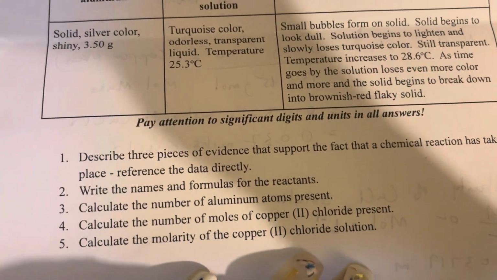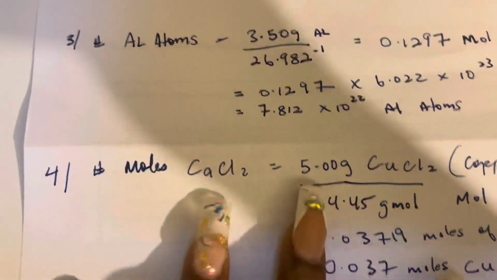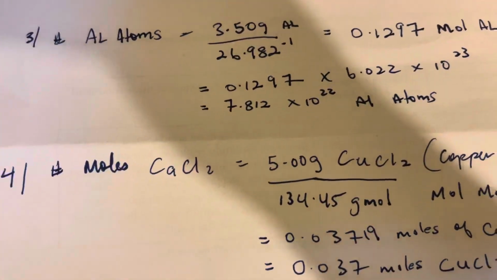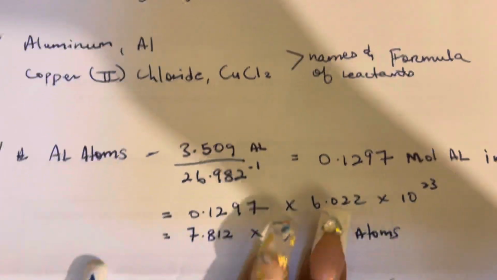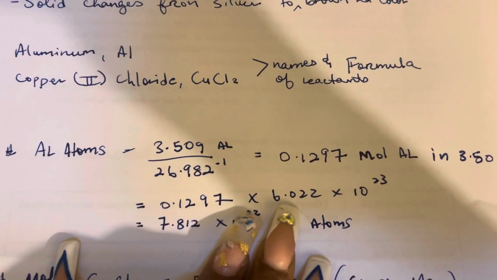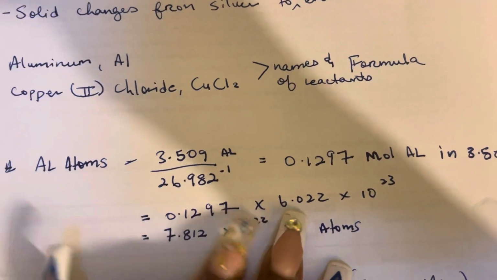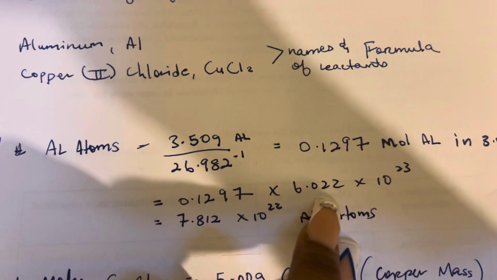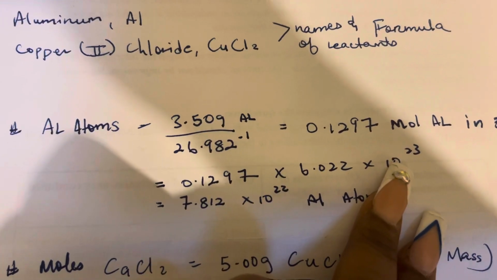The third one, we have calculate the number of aluminum atoms present. So to find that, you have to use the formula, which is 6.022 by 10^23.